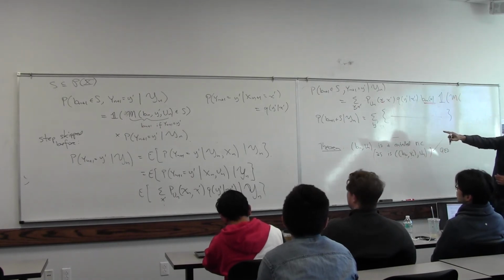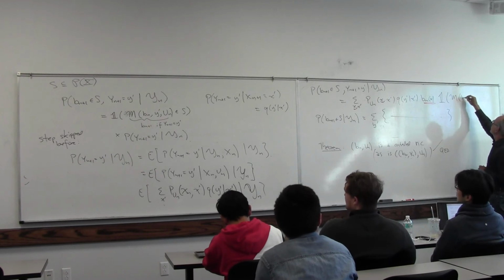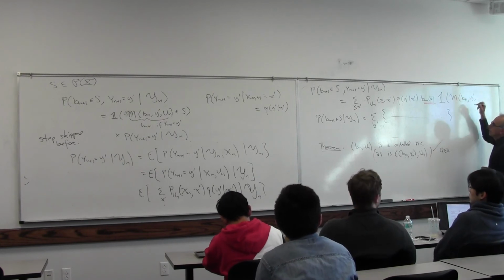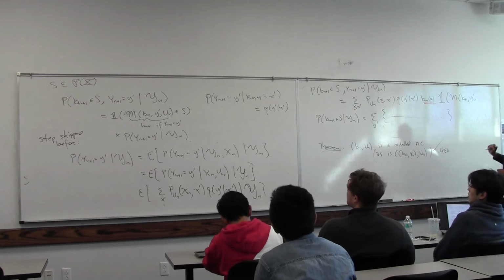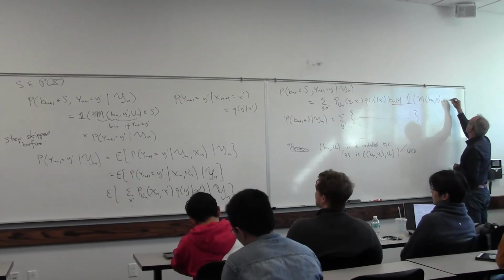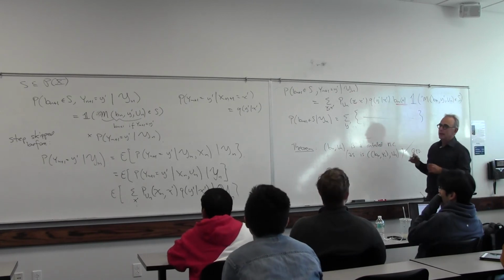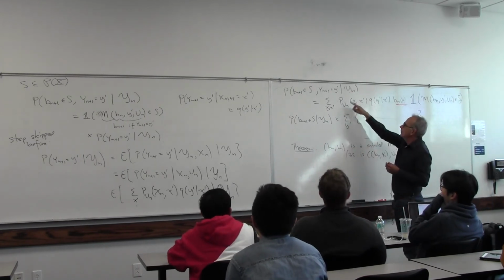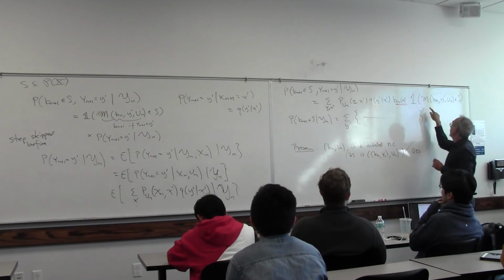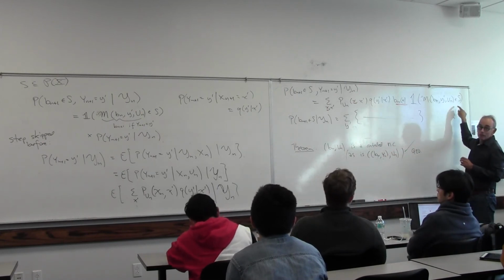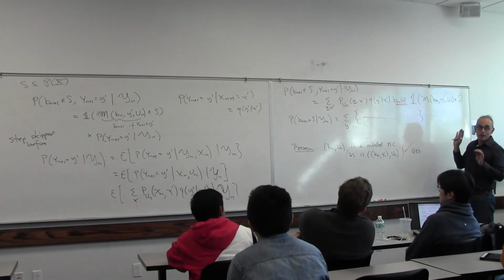So m of Bn, y prime and un. What I'm saying is it's not that bad. At least we're not integrating or something. We're just taking a finite sum, and then we basically have a penalty here. There's an indicator function there. So it's not as bad as a horrible integral.